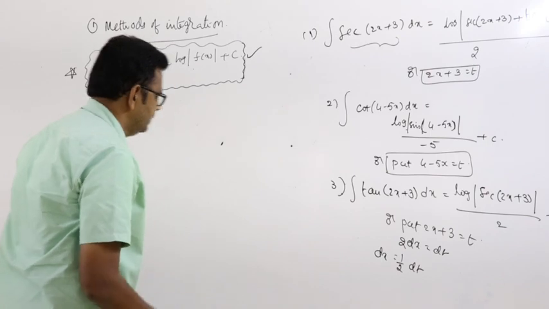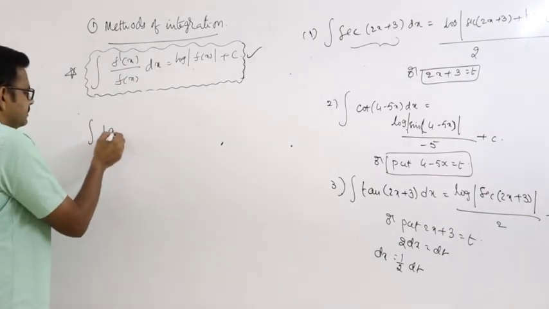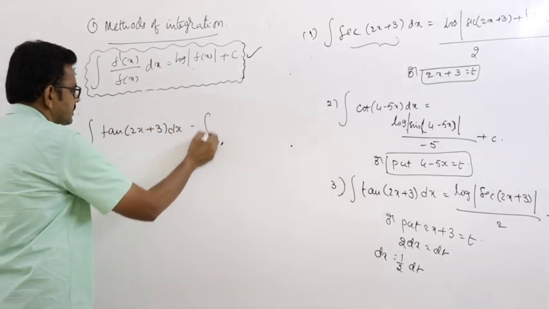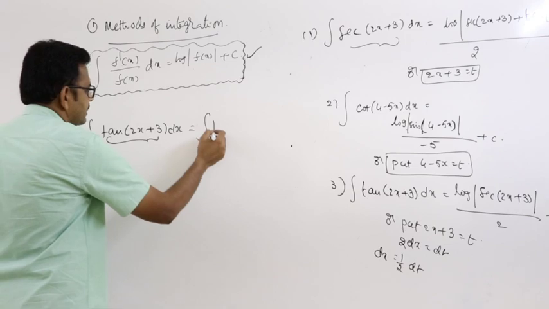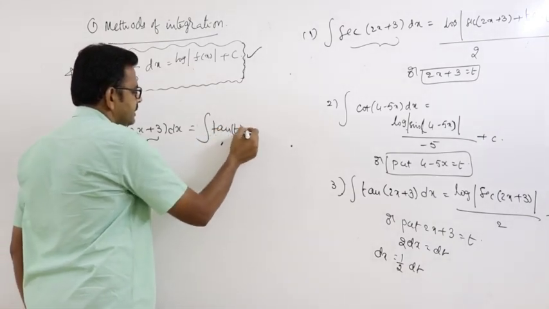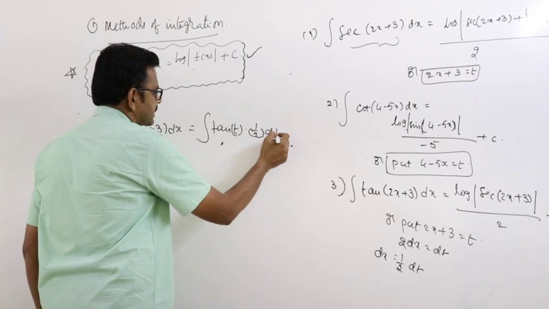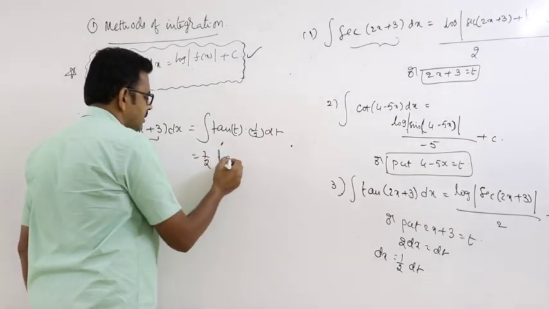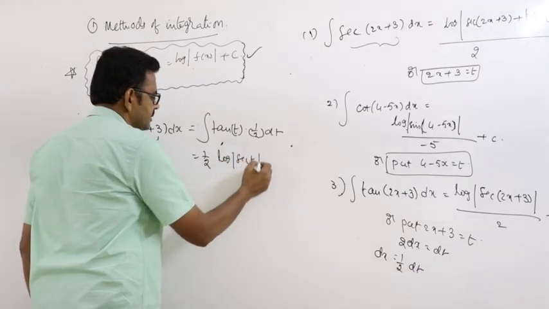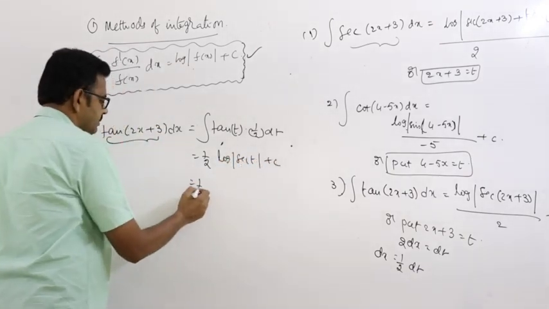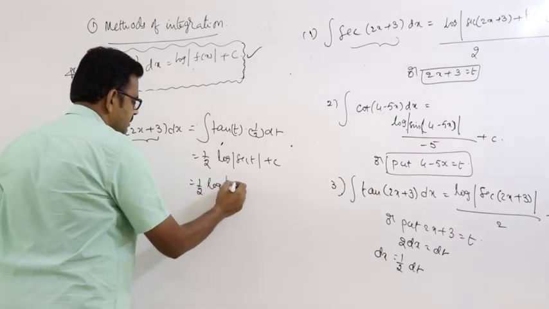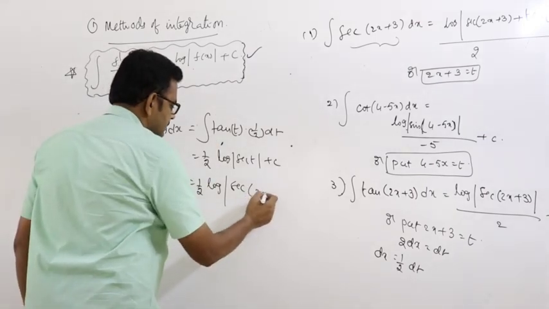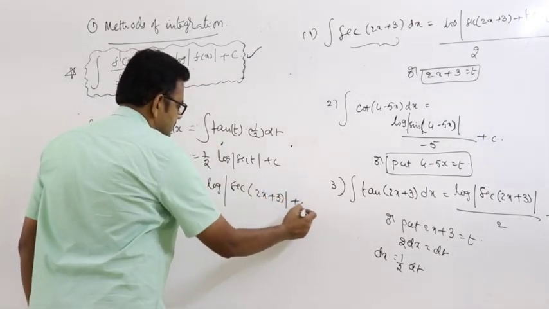Therefore, integral of tan of 2x plus 3 dx is equal to, this is tan t, dx is 1 by 2 dt. 1 by 2 into integral of tan t is log mod secant t plus c, that is 1 by 2 into log of mod secant of t, where t is equal to 2x plus 3, plus c.